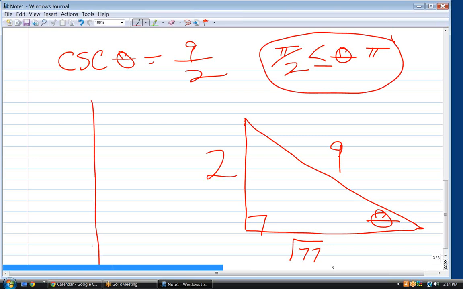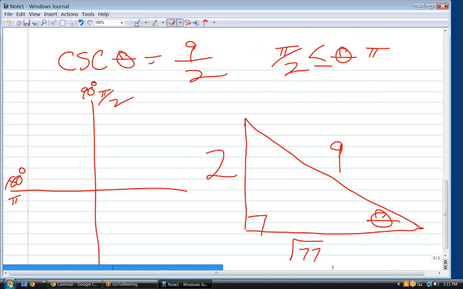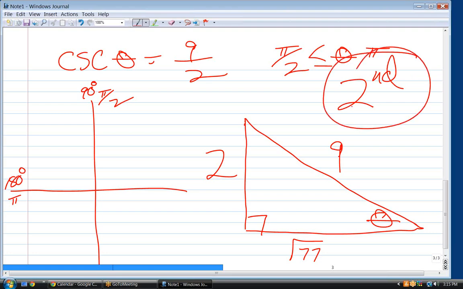If we look at our unit circle, this is 90 degrees or pi over 2. This is 180 degrees or pi. So would it be the first quadrant? No, it's greater than pi over 2, but less than pi. Oh, so then it would be in the second quadrant. Okay, so that information says second quadrant.